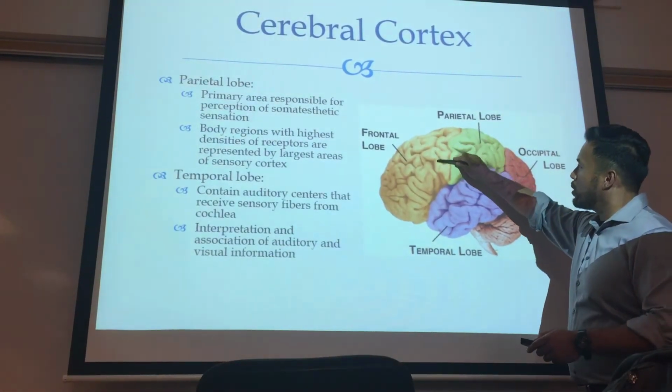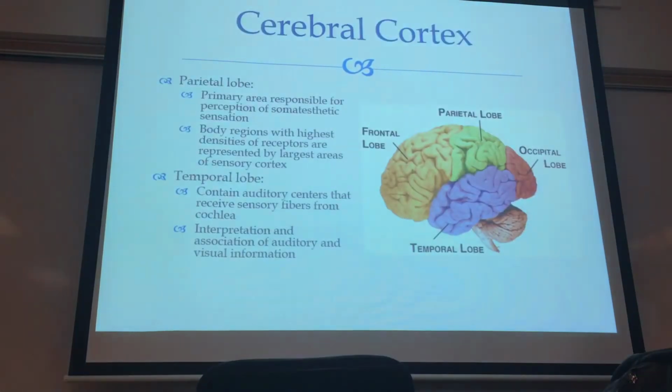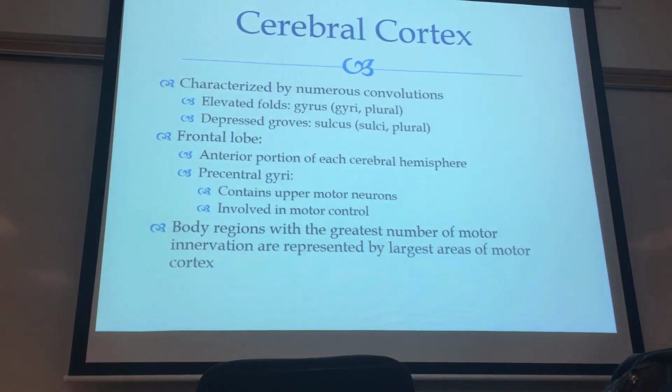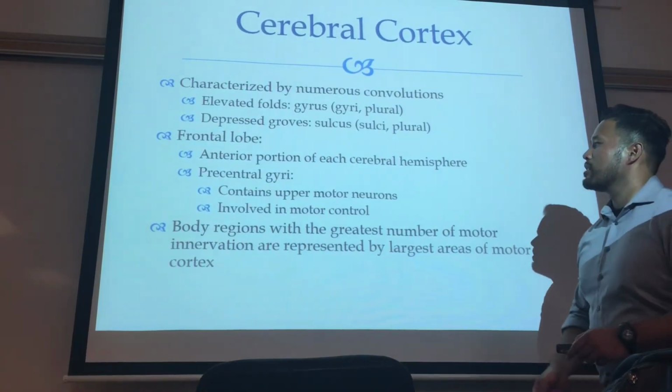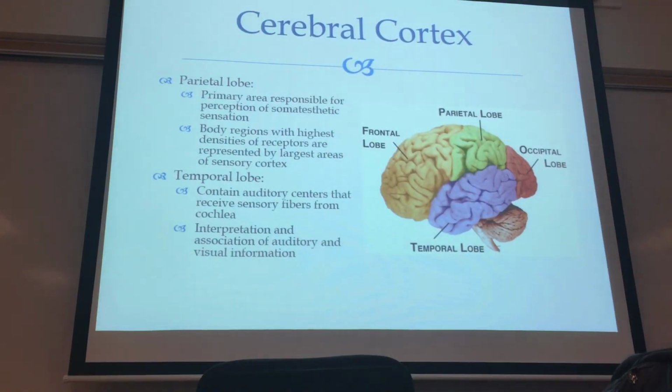The most posterior portion of the frontal lobe is going to be called the precentral gyrus. So these are going to contain the motor neurons, meaning that these are going to contain areas that are tied into areas for motion.